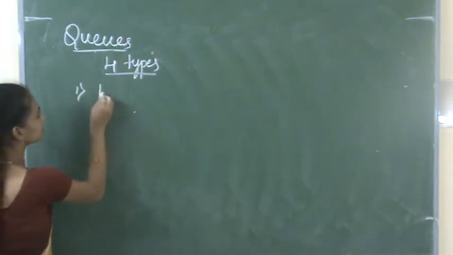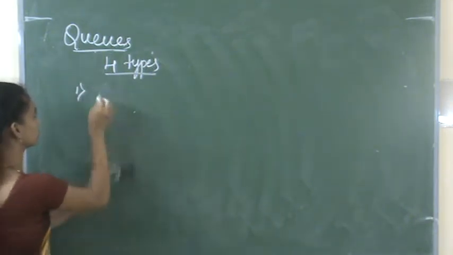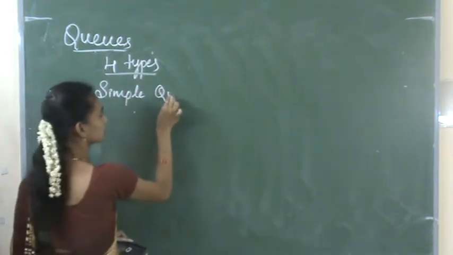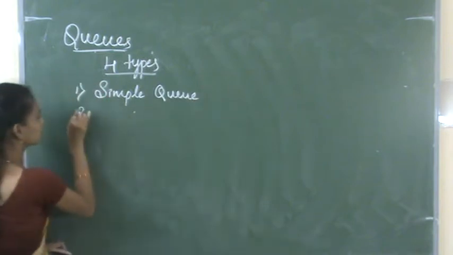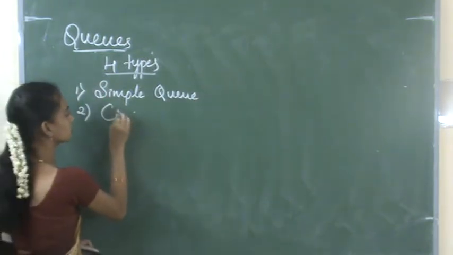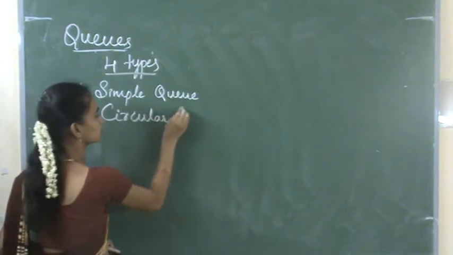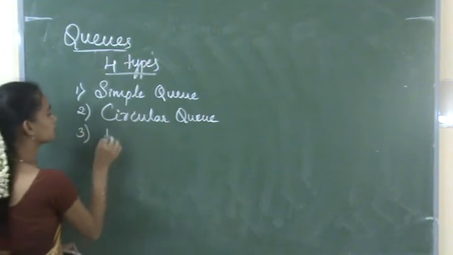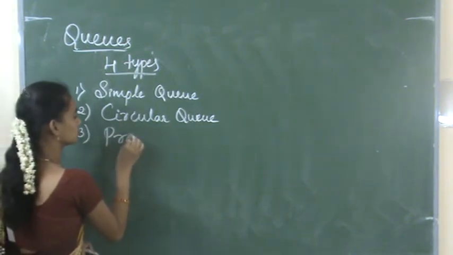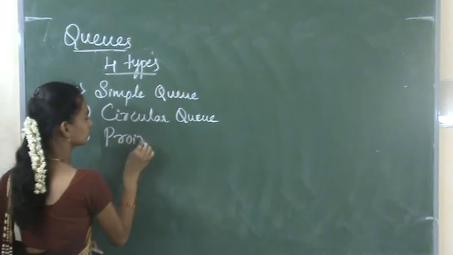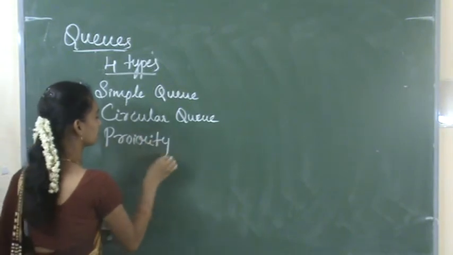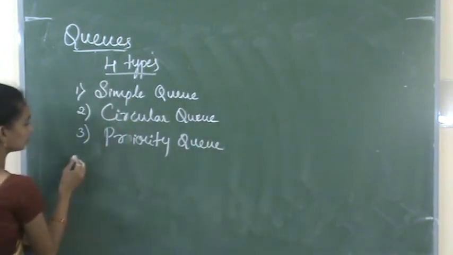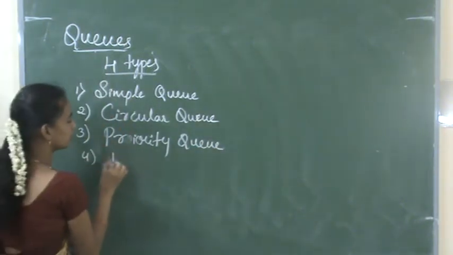One is simple queue, circular queue, priority queue, and then DQ.